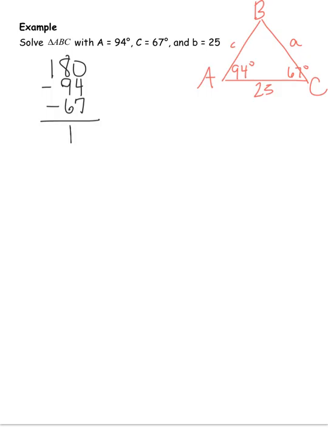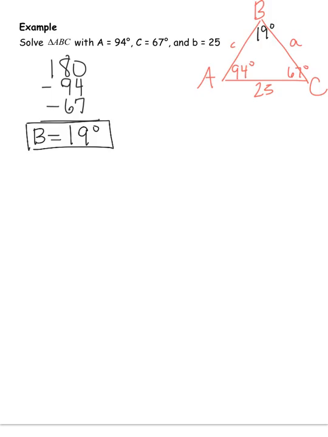That leaves us with 19 degrees for the missing angle B. So we can always find our missing angle first by subtracting. And now the new part. Now that we know 19 degrees is B, how can we find a and c?